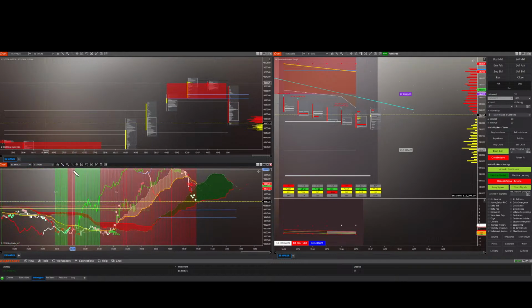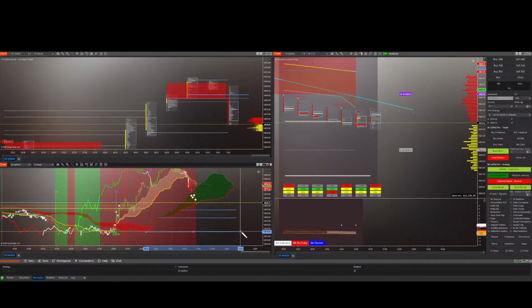Then the next area we'd be interested in is right there.